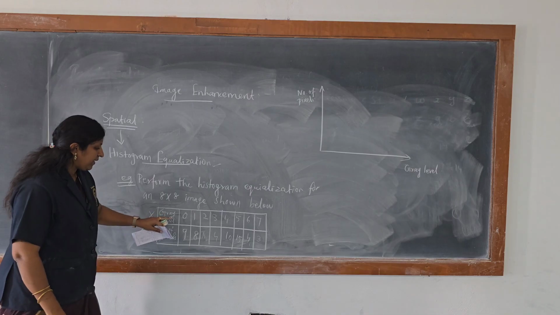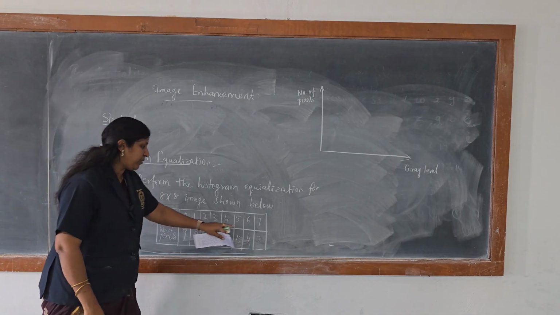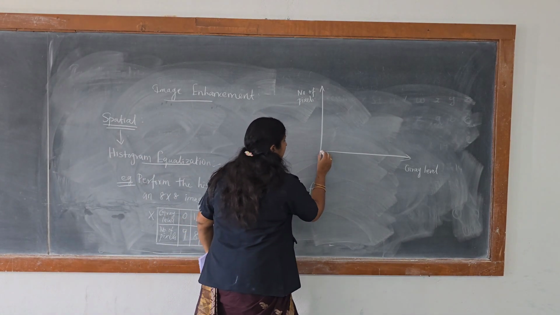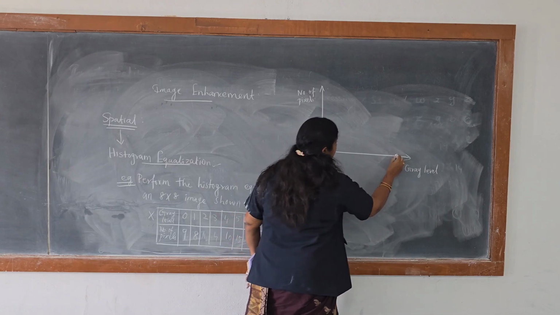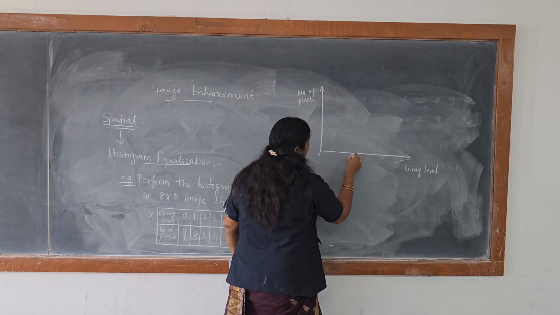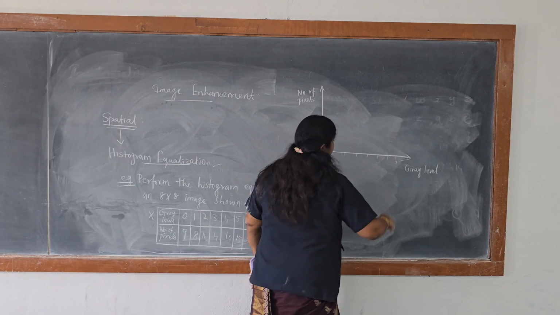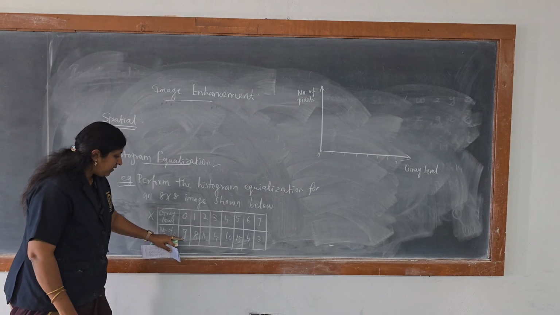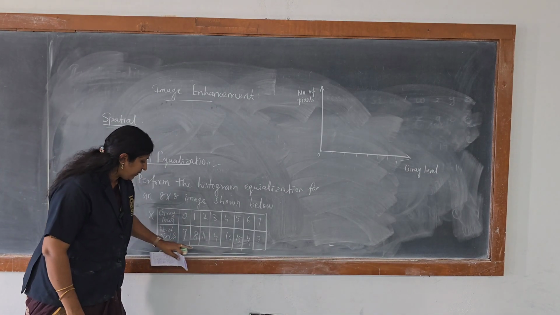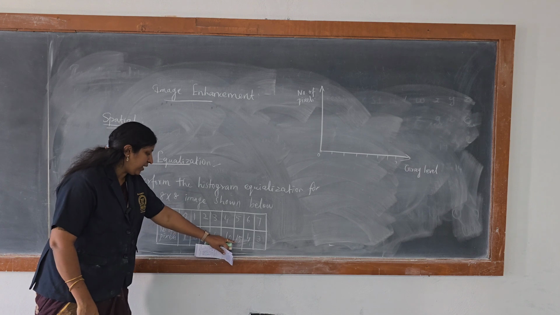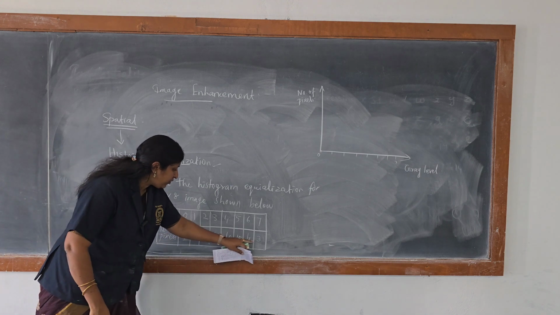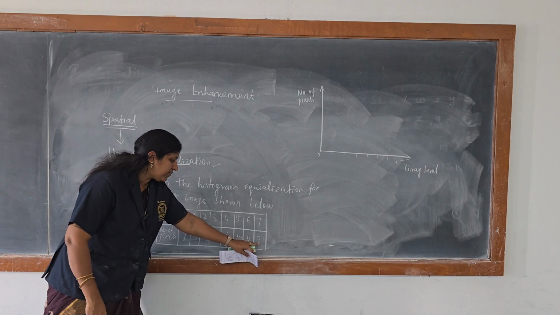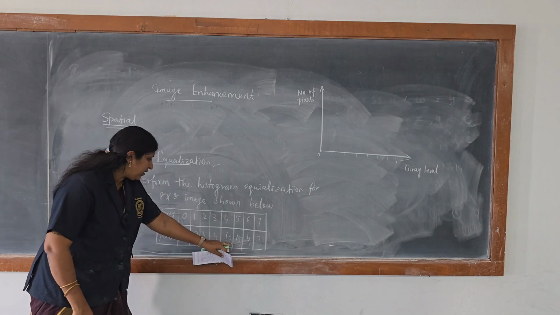The gray level values vary from 0 to 7: 0, 1, 2, 3, 4, 5, 6, 7. And the number of pixels ranges from 3 to 15. So the least value is 3 and the highest value is 15.